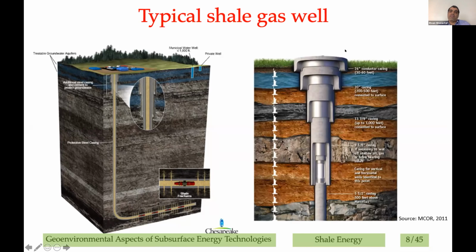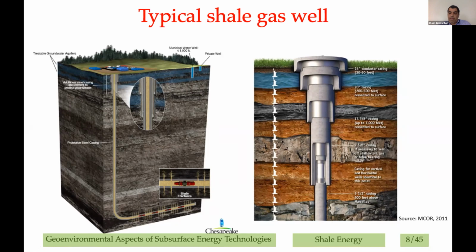If you look at the casing itself, the design of the well casing has changed over the years to improve it, but you can see that there is significant risk posed to groundwater contamination. For scale, you can see the Liberty statue here. Although the top portions of the well are well protected using the casing, there's still significant risk of leakage, and I'll touch on that in a few slides.